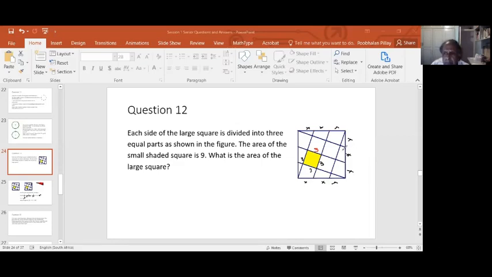Now, these 3 are all equal. You see, this is 3. Now, why are they all equal? The reason for that is that you have this figure here.